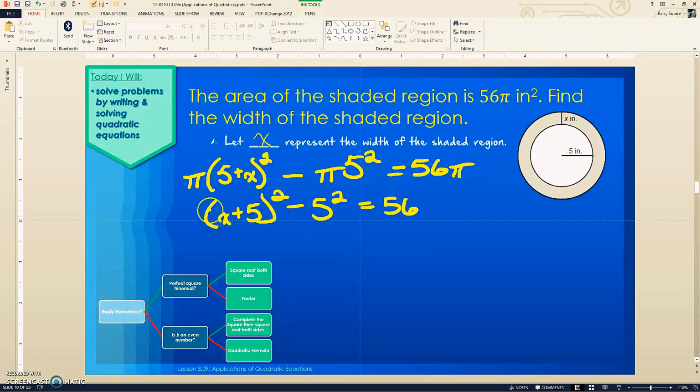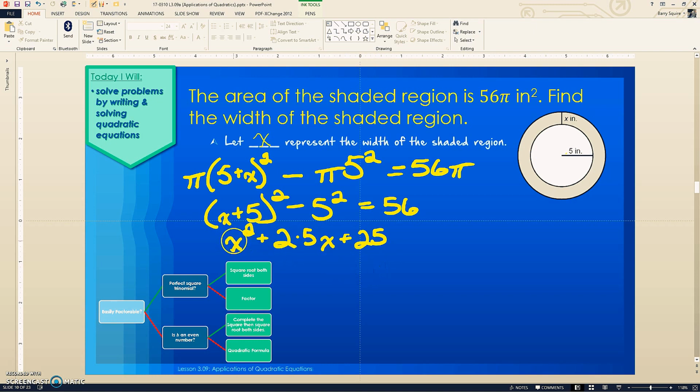So now we just have to square this, and if you remember the pattern for squaring a binomial, it's the first term squared plus 2 times the product of the two terms plus the last term squared.